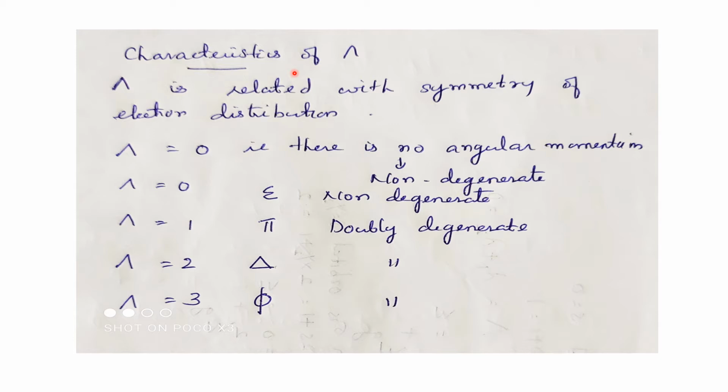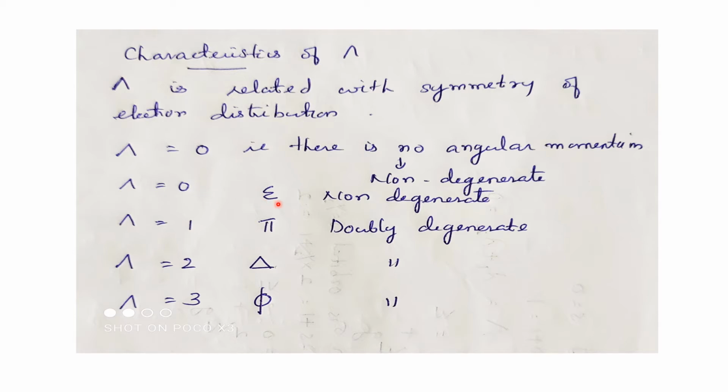Characteristics of lambda. Lambda is related with the symmetry of electron distribution. When lambda equals 0, there is no angular momentum. The term when lambda equals 0 is sigma.